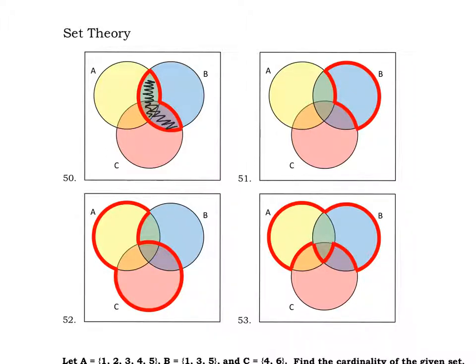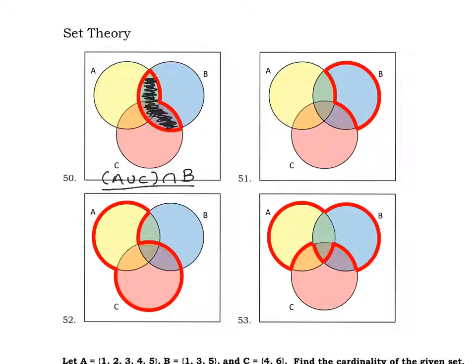One of the things they have in the answer key is that this could be the intersection of A union C and set B. So you see that this region right here would be the only thing that set B and the union of A and C would have in common. So this is one of a few possible answers.